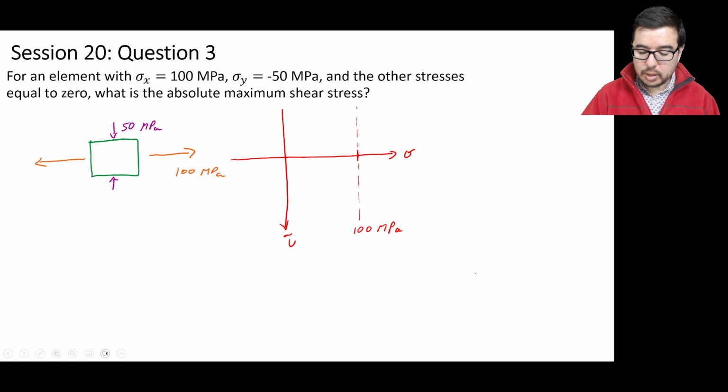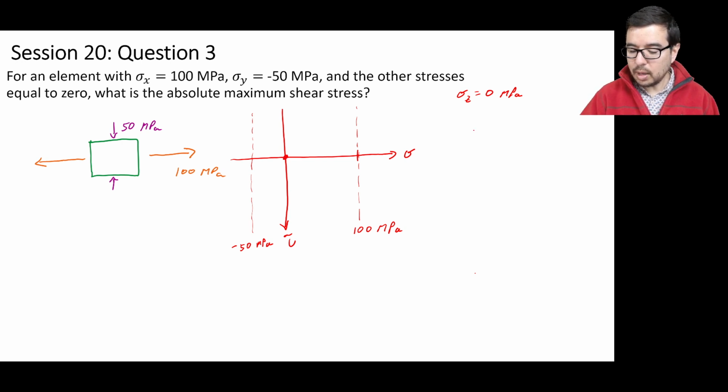And we have another location here that's about half, so we'll do it out here. This is going to be minus 50 megapascals. And we have also the fact that sigma z is equal to 0. And so where does sigma z go? Well, we're going to put it right here on the origin.